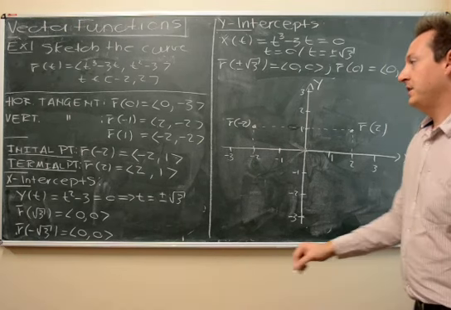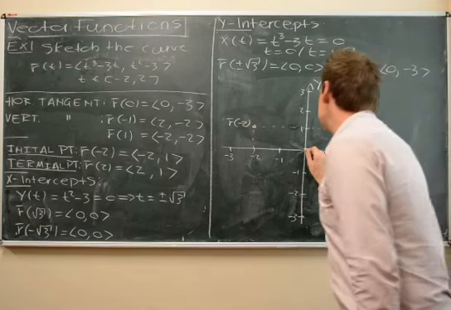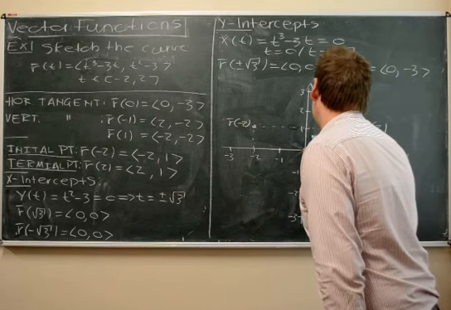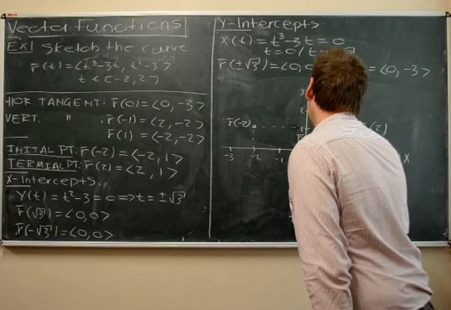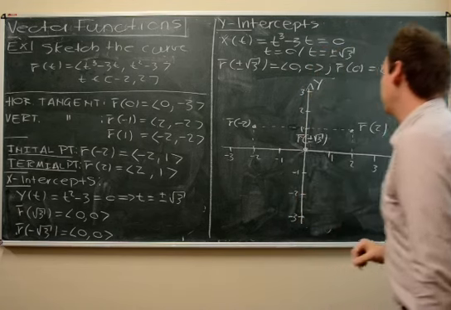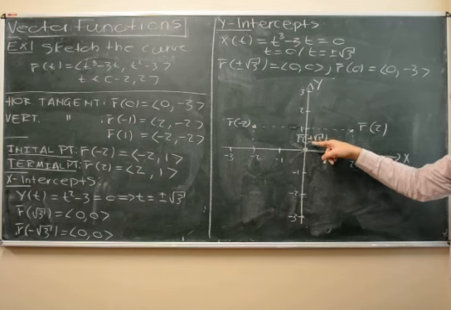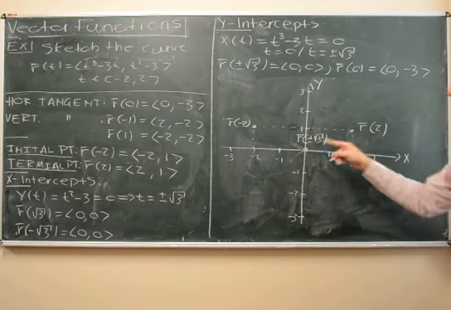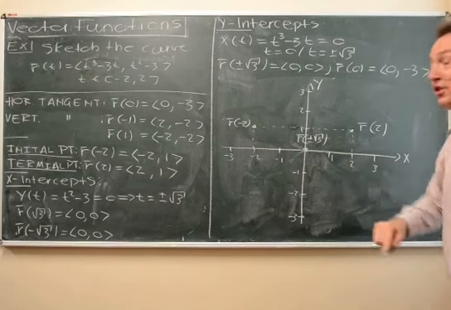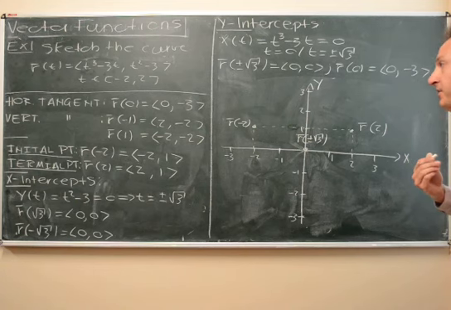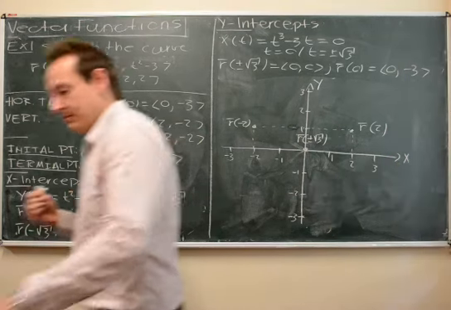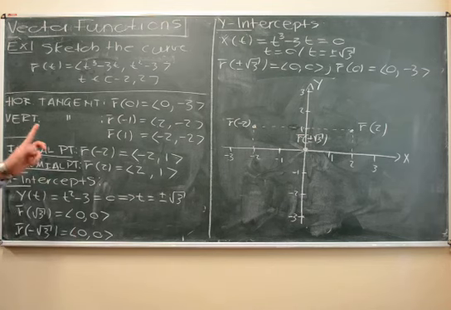Let's start with the x-intercept. We just have the one x-intercept, and that point, remember, we get from two values of t, plus and minus root 3. So you have to keep in mind that we're going to go through this point twice. Now let's next put our y-intercept.